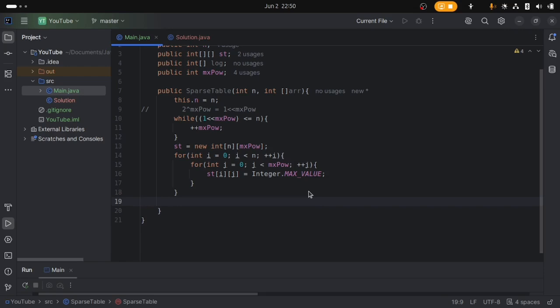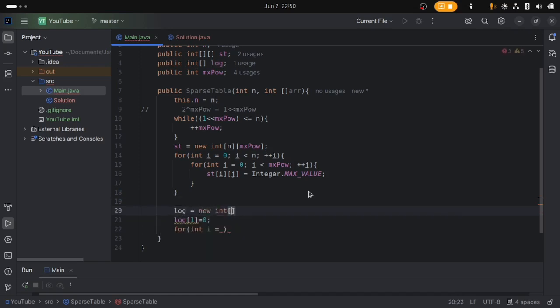Since we have filled our sparse table with some default values, now one more thing we need to do. Let's calculate the log array, and I will also explain what the log array is. Let me declare the base case, log of 1 equals 0. Let me create the object of the log array.